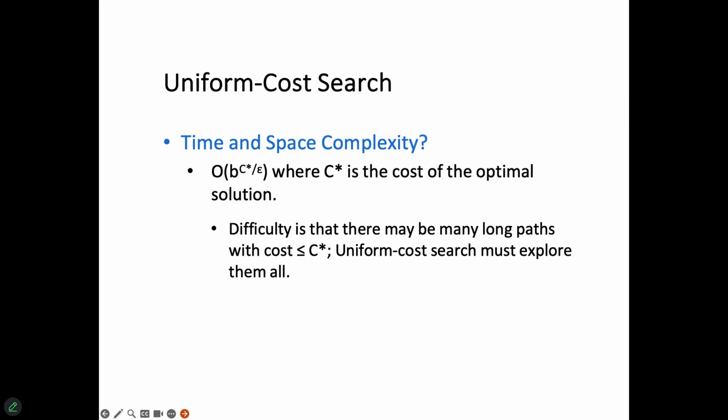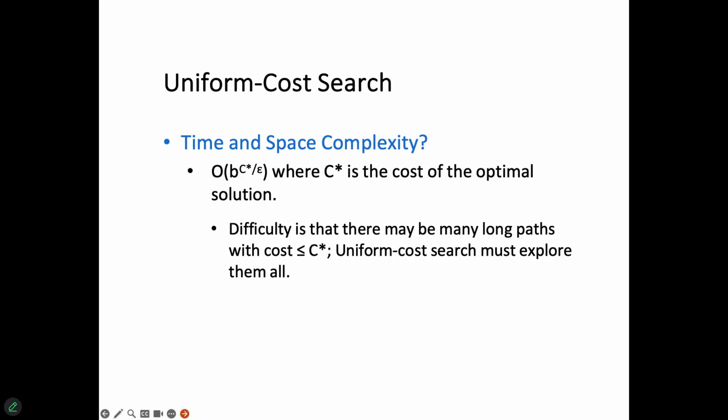So that could be a very small number. So if your optimal search cost is a number that is much greater than epsilon, it means that we have to explore a huge number of nodes to reach the goal.